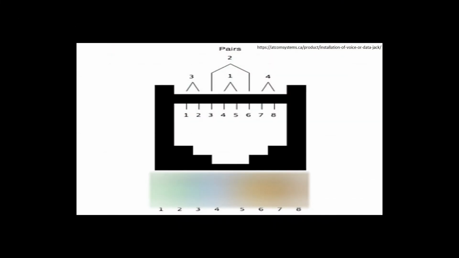Pair number 2 is orange. So pair number 2 kind of goes around pair number 1. And then there's pair number 3 on this side and pair number 4 on this side here.